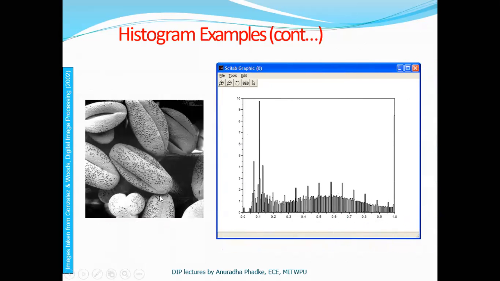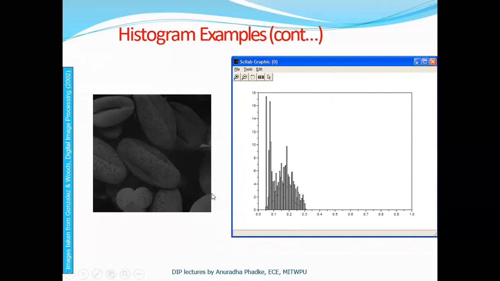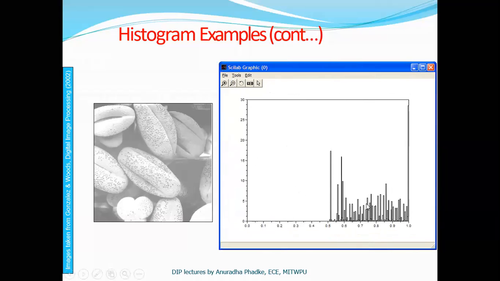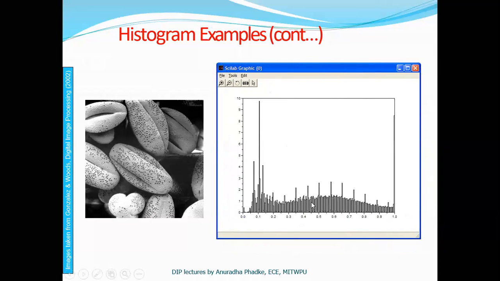Now if you look at this image and observe the histogram, see how it is different from the previous two images. The first image was concentrated in the lower portion. The second image was concentrated in the upper portion. And this last image, if you look at the histogram, is distributed equally over the entire available range from 0 to 1. That's why we can say, by looking at the histogram, that this is an image with very good contrast.